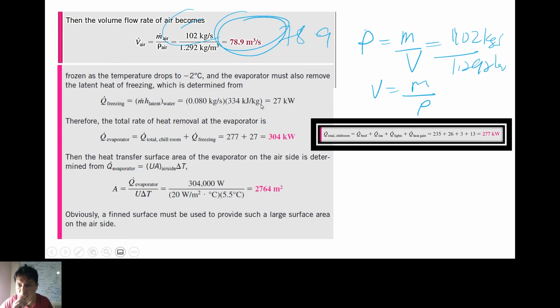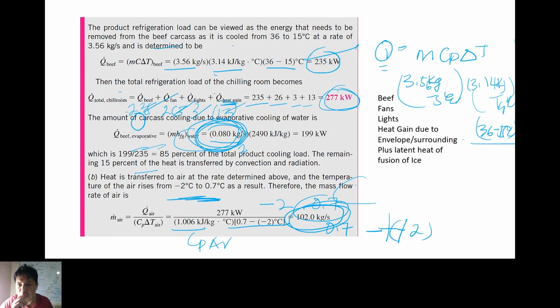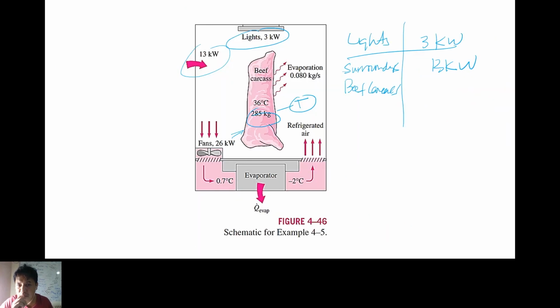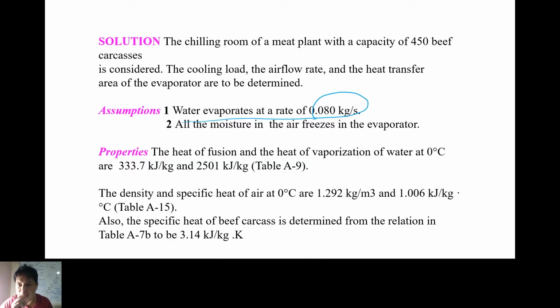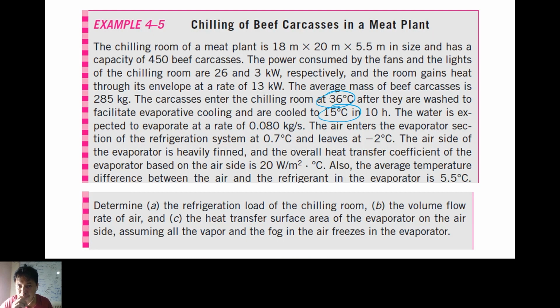Ngayon dito nagkaroon tayo ng heat removal sa evaporator kasi ang sabi doon merong mga na frozen na yelo sa evaporator. The heat transfer surface area of the evaporator on the air side, assuming all the vapor and fog in the air freezes in the evaporator.